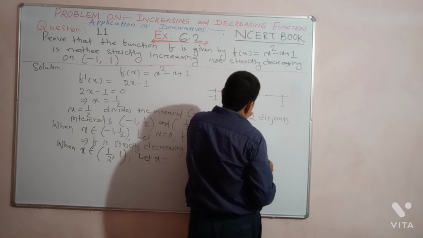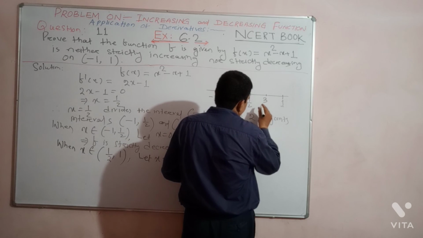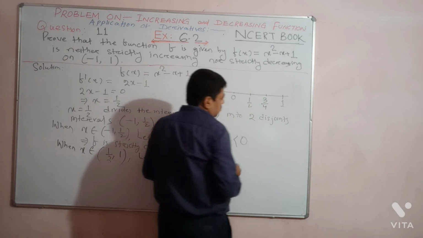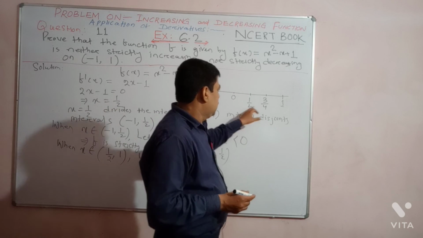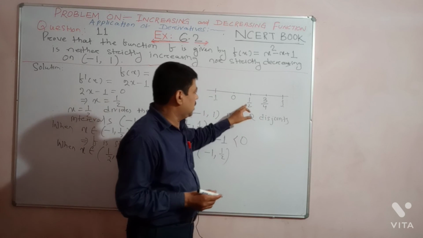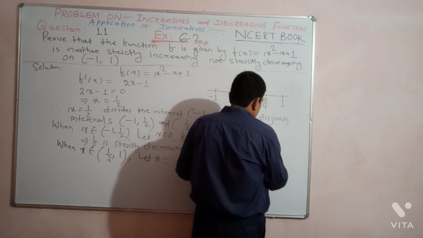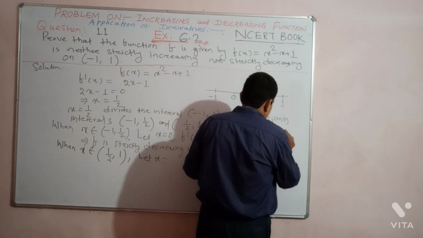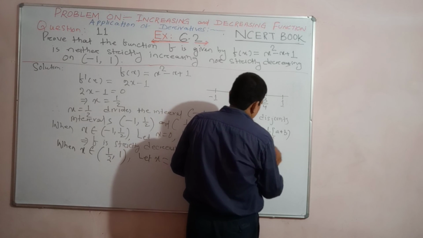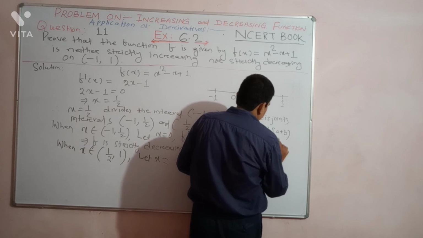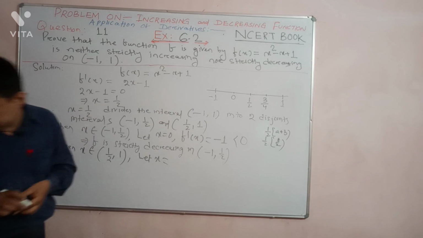The number 3/4 lies between 1/2 and 1. The rational number between a and b is (1/2)(a + b). So 1/2 plus 1 is 3/2, and half of that is 3/4. So the number 3/4 lies between 1/2 and 1.